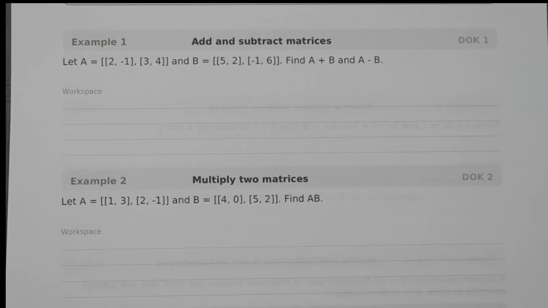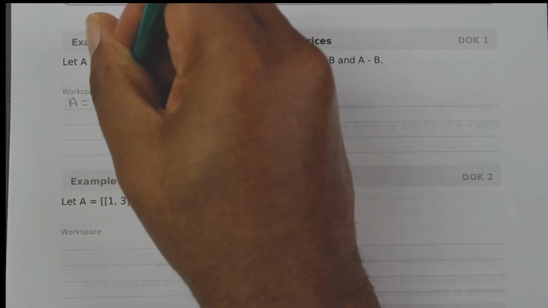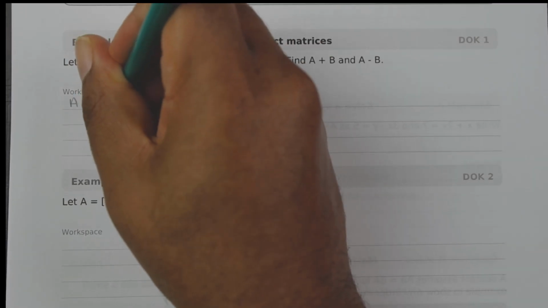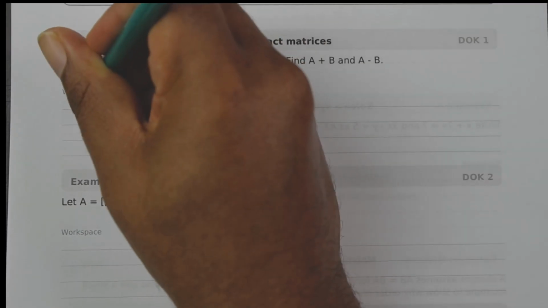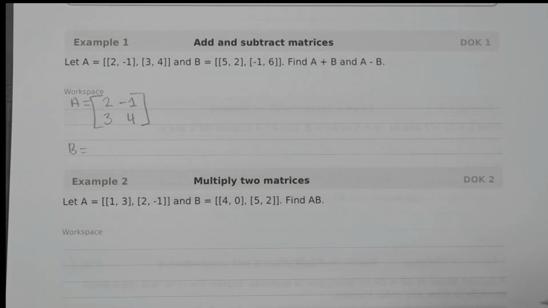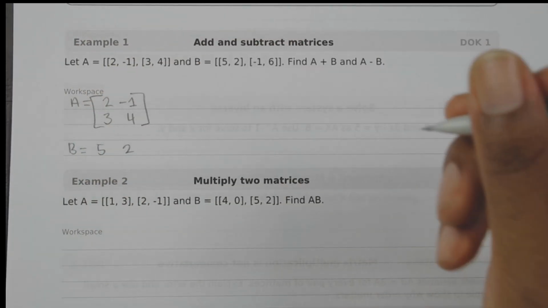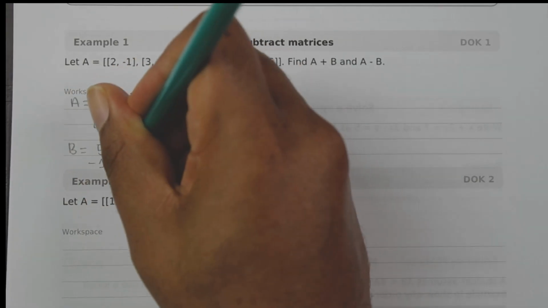So example number one, we have essentially a 2 by 2. So we're going to let A equal 2, -1, 3, 4. And then we're going to let B equal 5, 2, -1, 6.